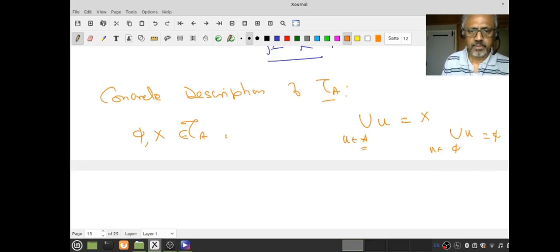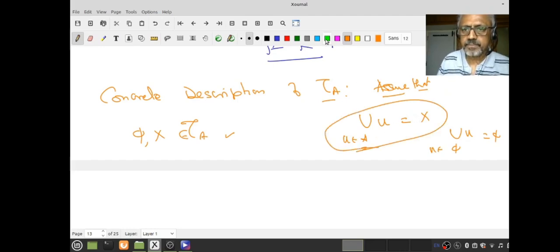Okay. So we put an extra restriction. Strictly speaking, this is not needed for what we are going to collect, but it's always good to assume that this happens. Please pay attention. I am going to assume my collection A has the following property. What is the property?